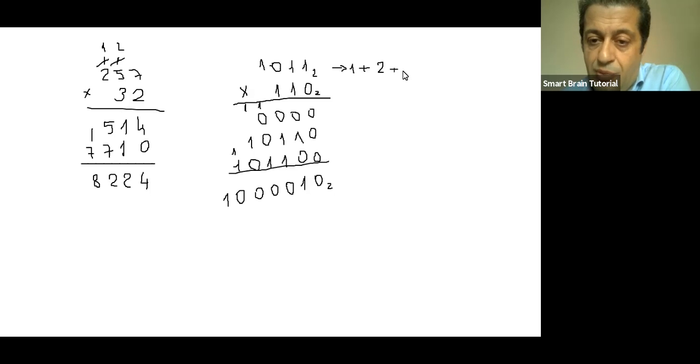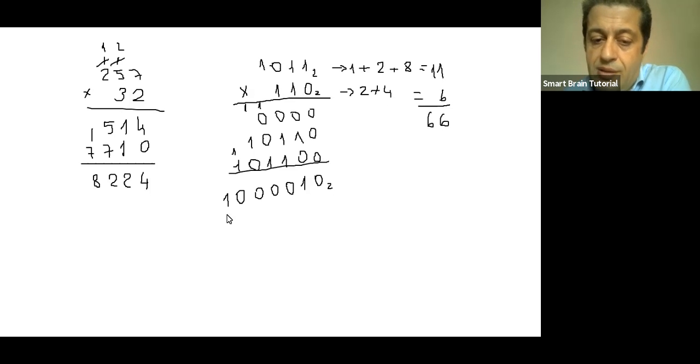So 1 plus 2 plus 8. The result is 11. For the second number, we have 0 ones, 1 2 and 1 4. So for 2 plus 4, it is 6. And the multiplication of 11 times 6, it is 66.